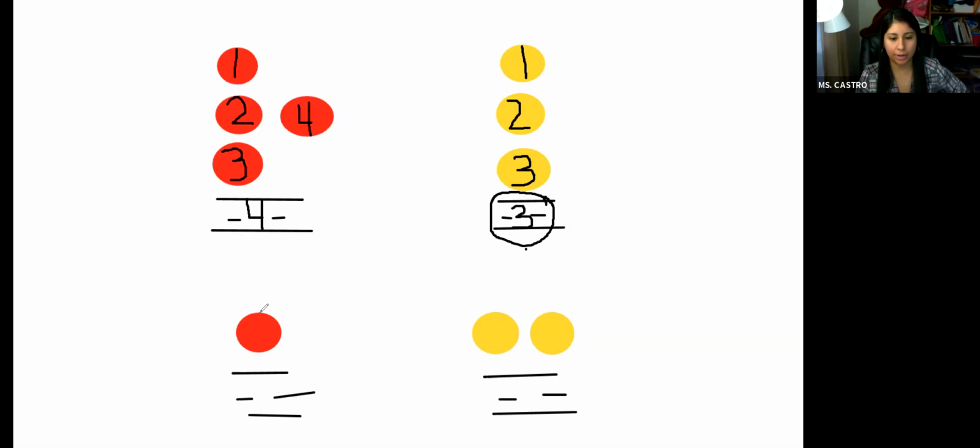I'm going to label the red. 1. That's it. I only had to label 1 red. So now I'm going to write on the line the number 1. Now I'm going to count and label the yellow. 1 yellow, 2 yellow. I counted 2 yellow, so I'm going to write on the line the number 2.